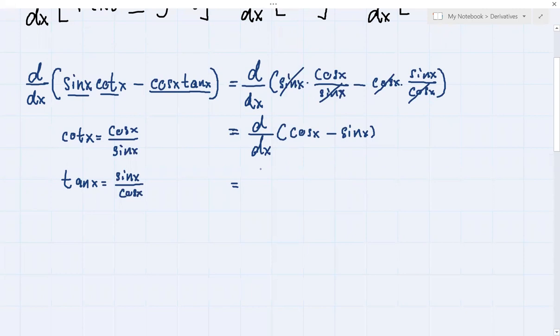Okay? So, you see the technique I did here. What I did here is that I simplified.